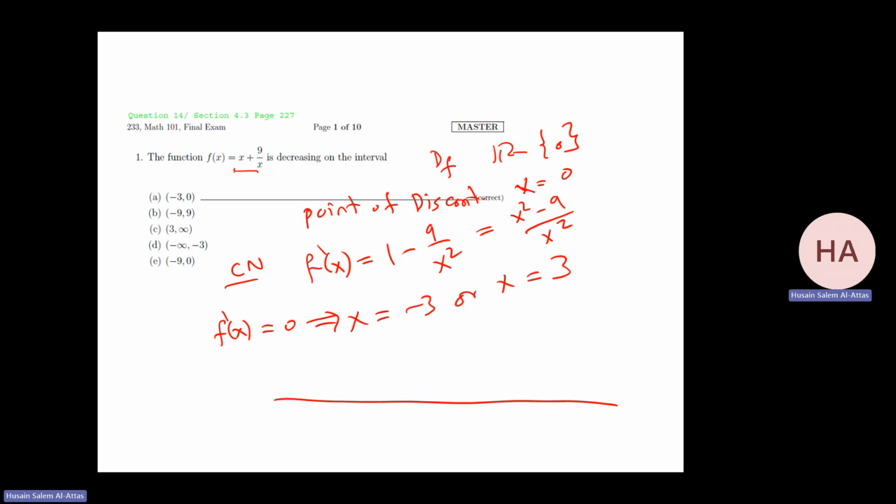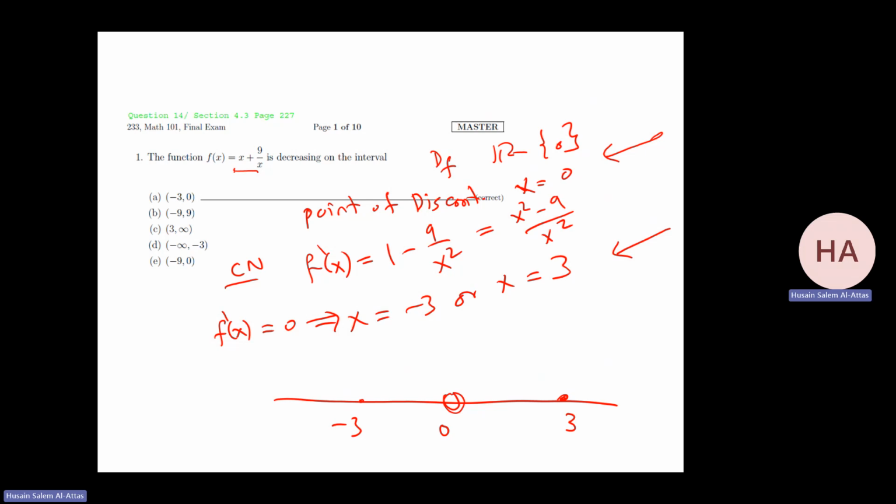Now when I put the number line, I need to put the point of discontinuity and these critical numbers. So I have minus 3, 0 open, and this is 3. Just to make sure it's a point of discontinuity, the function is not defined at 0. Because of that, I make it open here. Now, take a value less than minus 3.